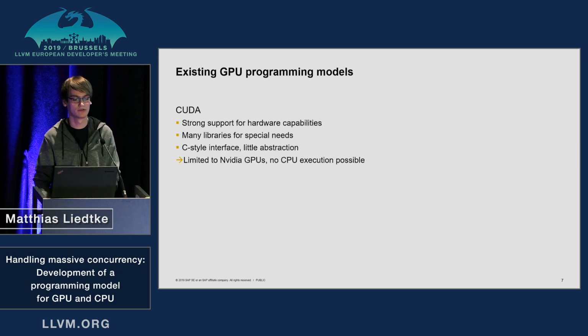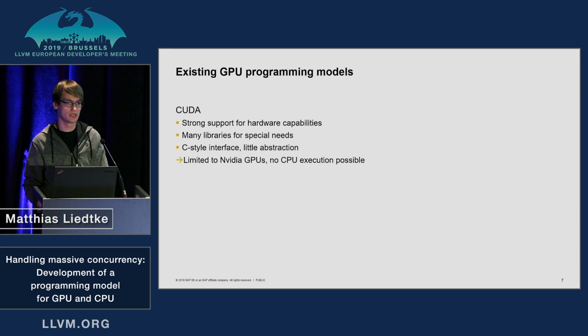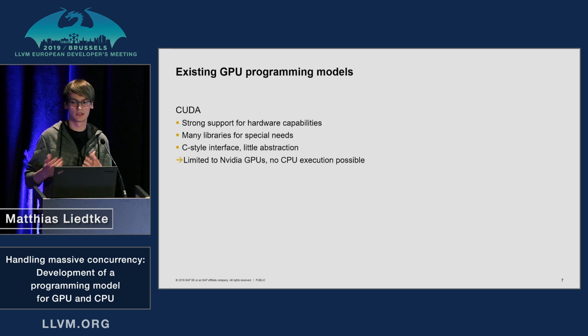We also took a look into CUDA. For the hardware capabilities, CUDA is great because it's built by NVIDIA, and obviously they support all their hardware features. There are already a huge amount of libraries for special needs, so you don't have to reinvent the wheel.